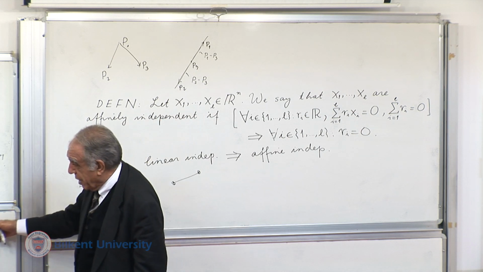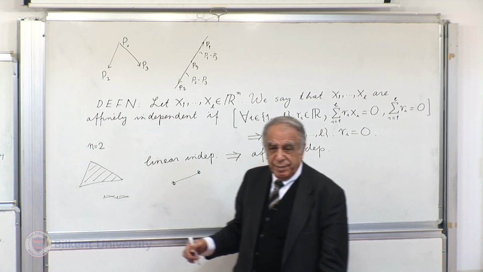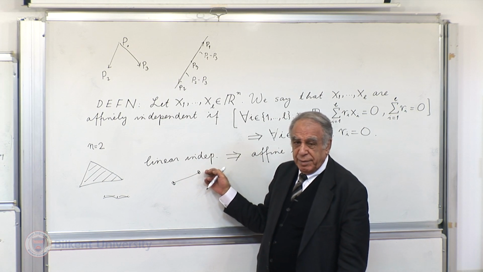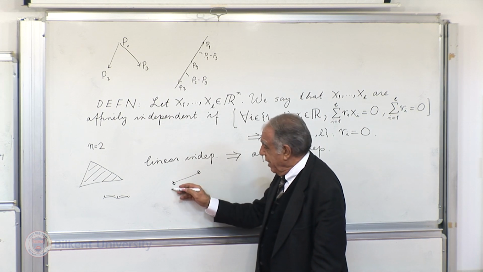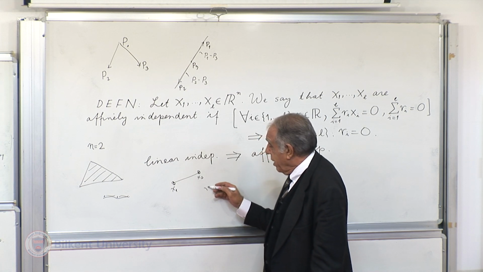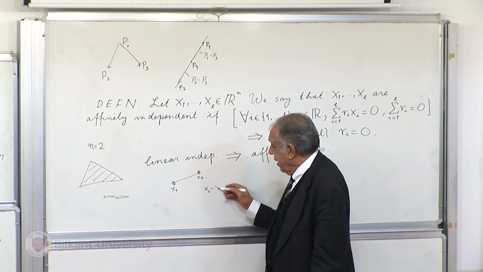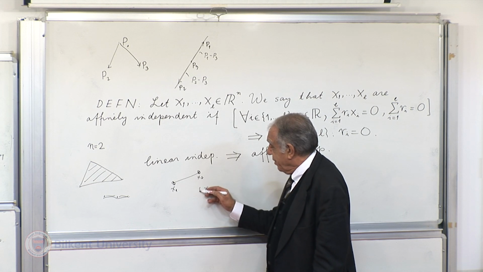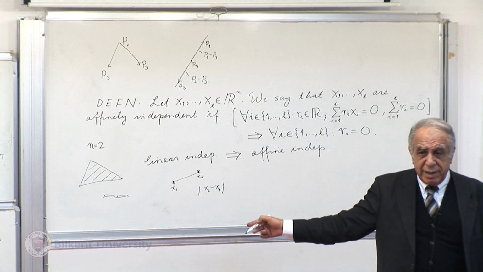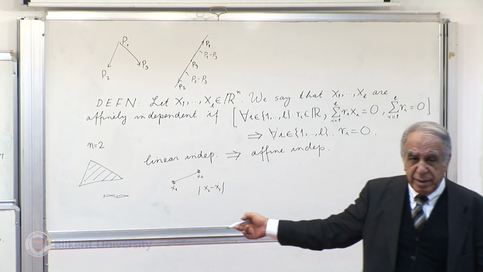Now use this proposition. If they're not coincident, this is x1, this is x2, well, the set you will check for linear independence is this set, x2 minus x1.